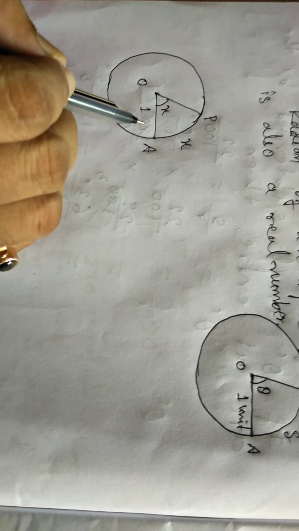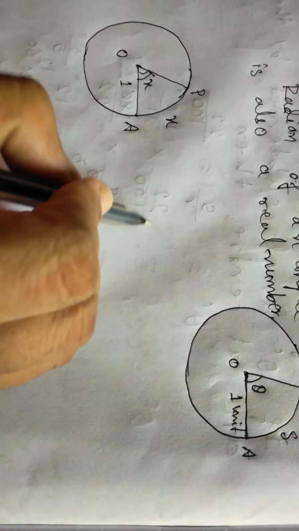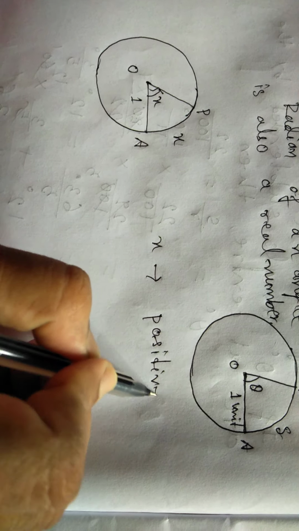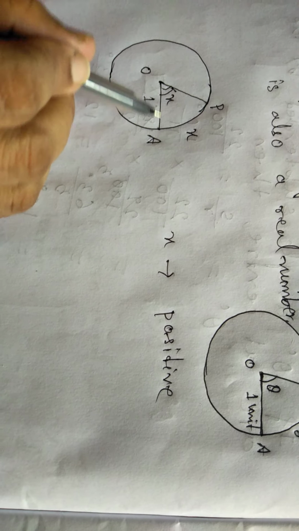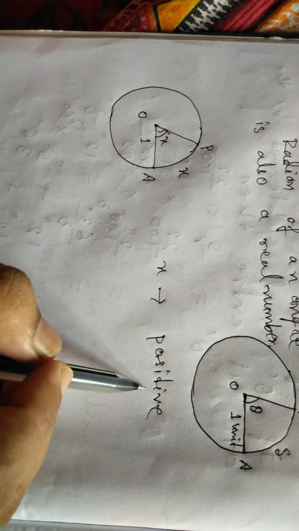It is a unit circle, and here x is positive. Why is x positive here? Because the line OA is moving in the anti-clockwise direction. That's why angle x is positive.